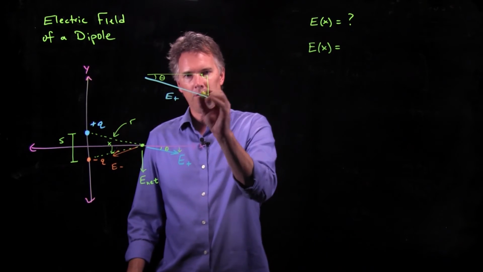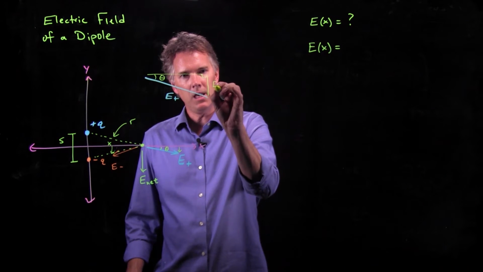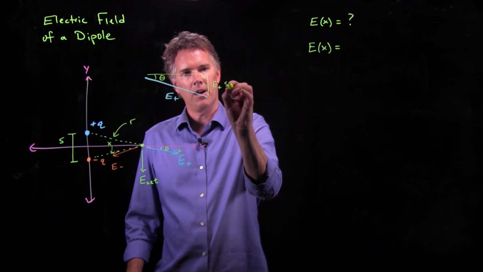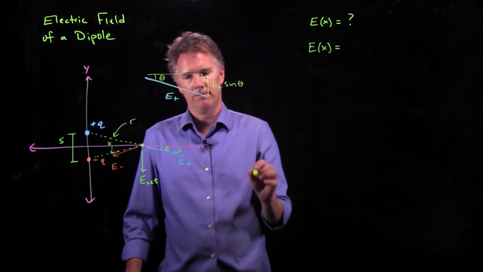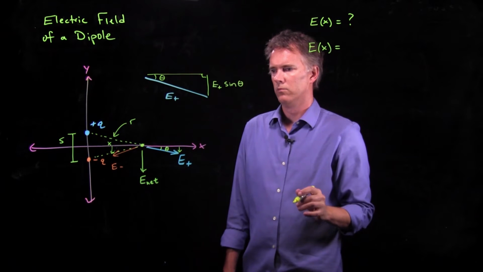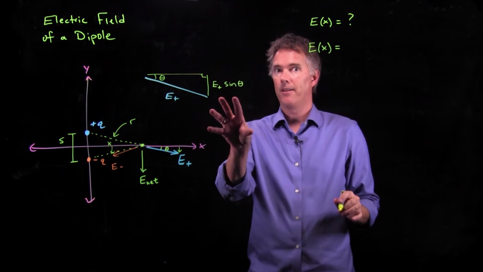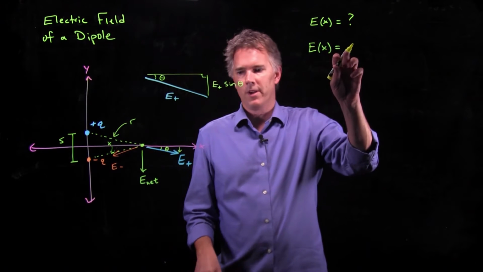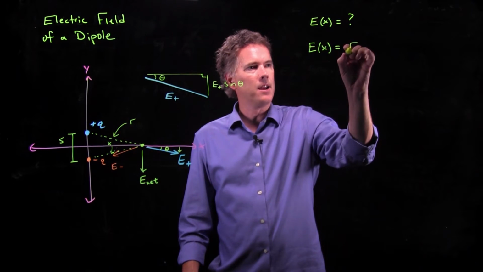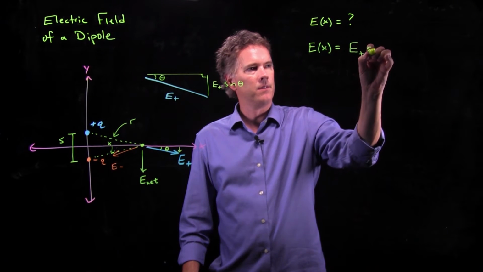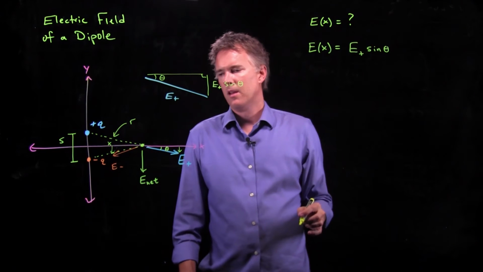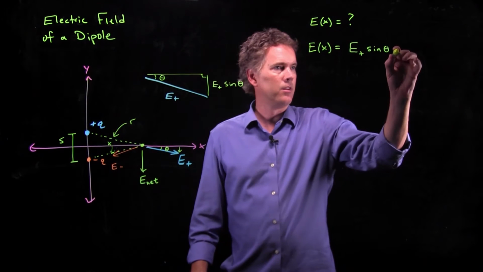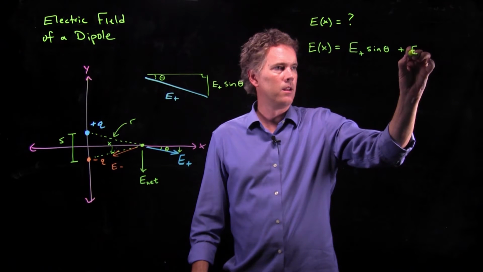Well, if that's E plus, what is this? This is E plus sine of theta. Let's just keep it like that for now, and then we'll see how to add these up. So we've got an E plus sine theta. We have an E minus sine theta.